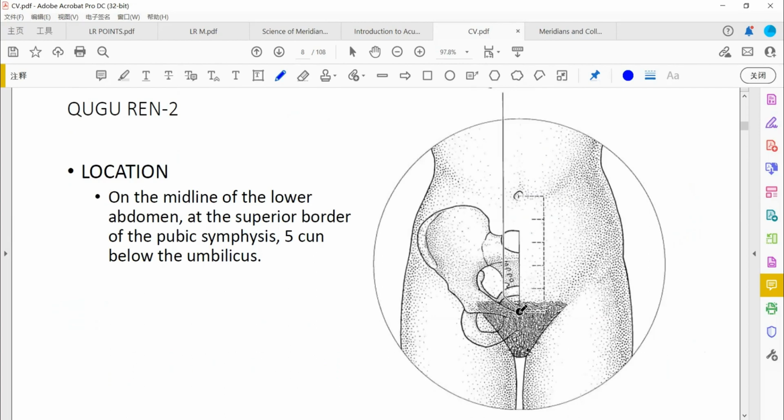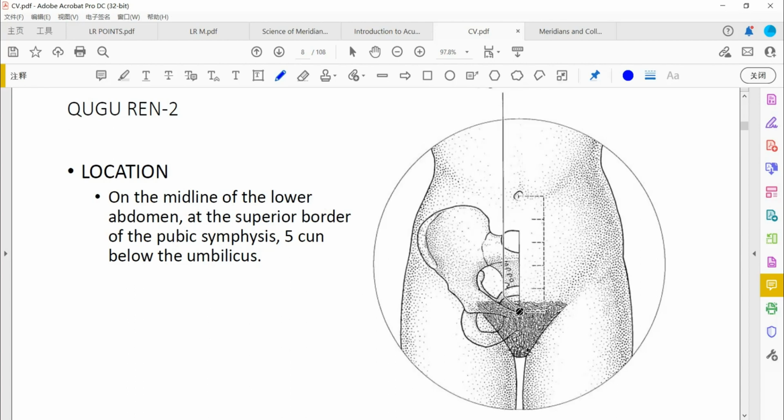The liver channel will circle the genital region and cross on CV2, 3, and 4. So let's see, where's CV2? On the midline of the lower abdomen at the superior border of the pubic symphysis, 5 cun below the umbilicus.